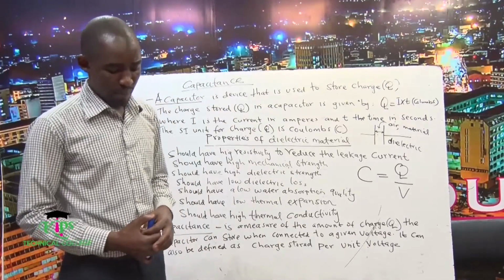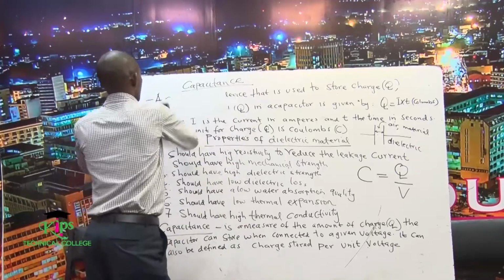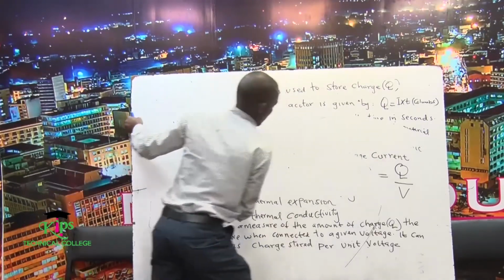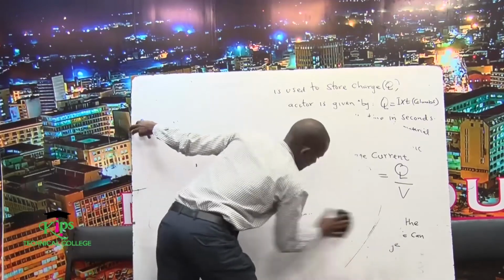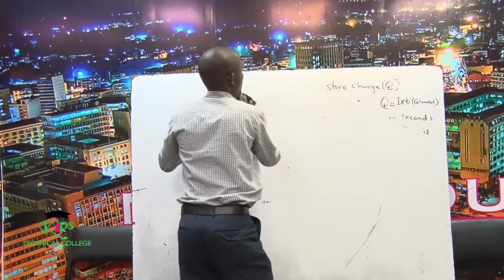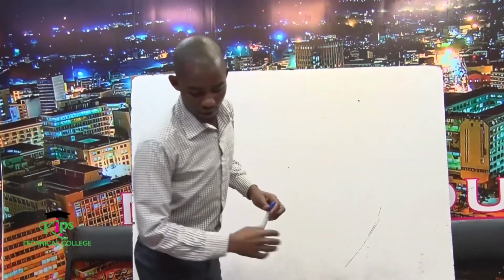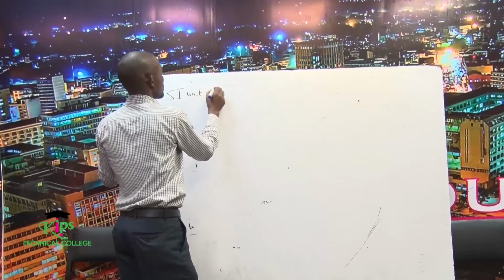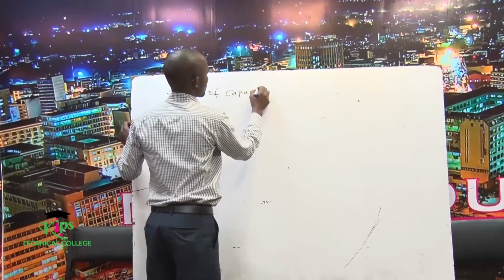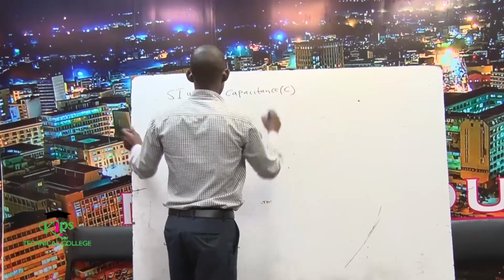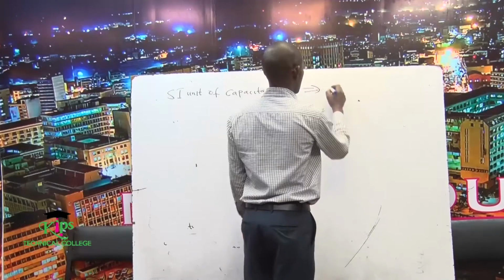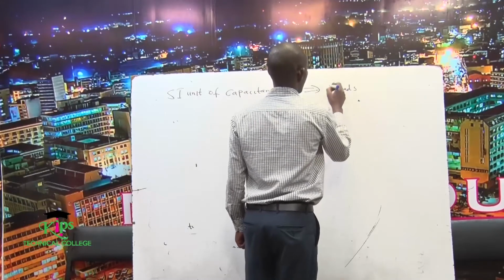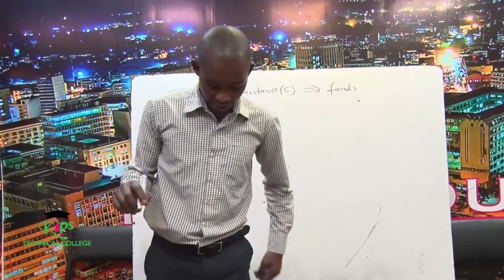So what is the SI unit of capacitance? The SI unit of capacitance, C, is given by farads.